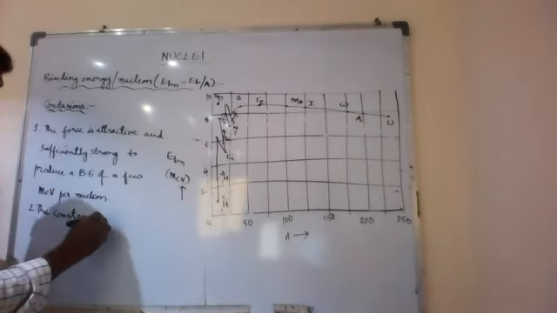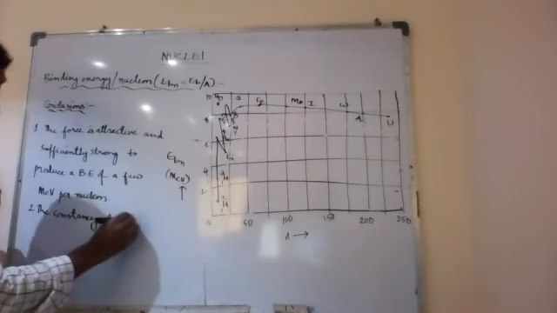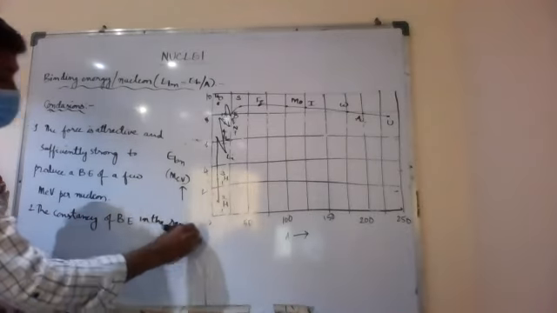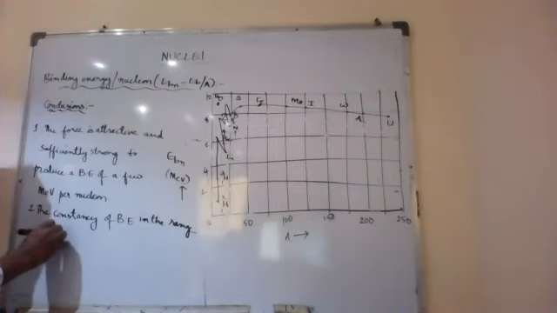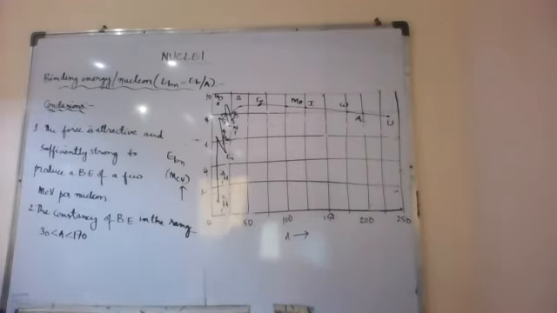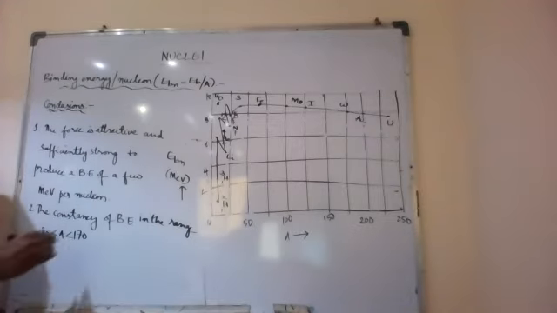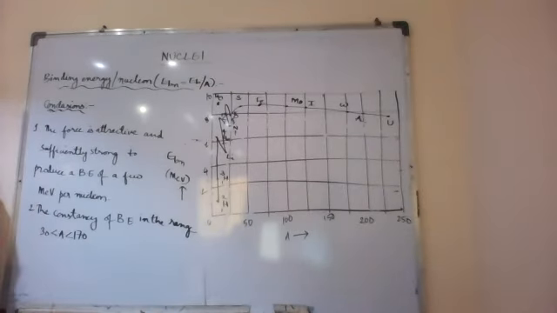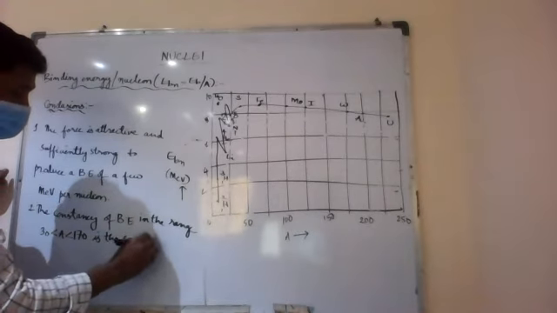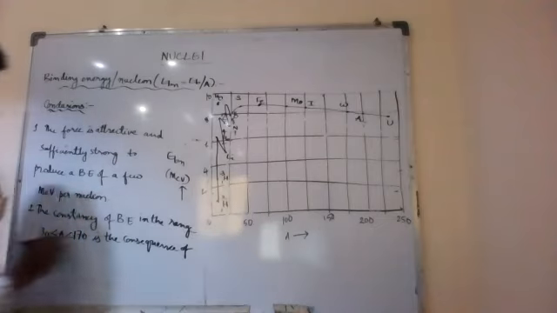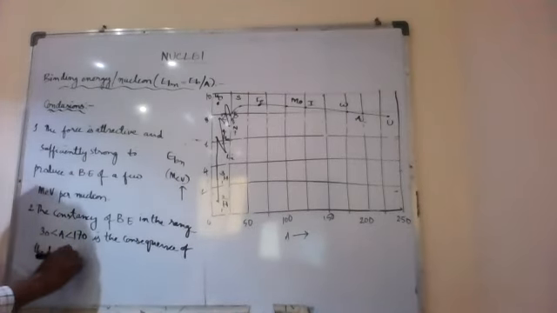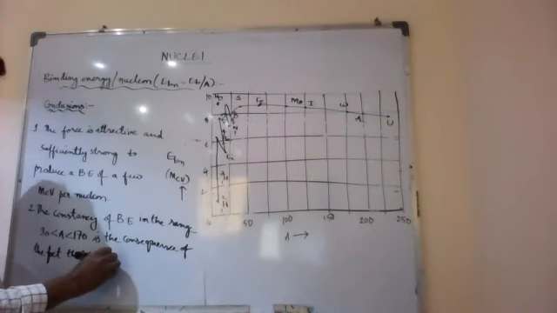The constancy of binding energy in the range 30 less than A less than 170 is a consequence of the fact that nuclear force is short range.